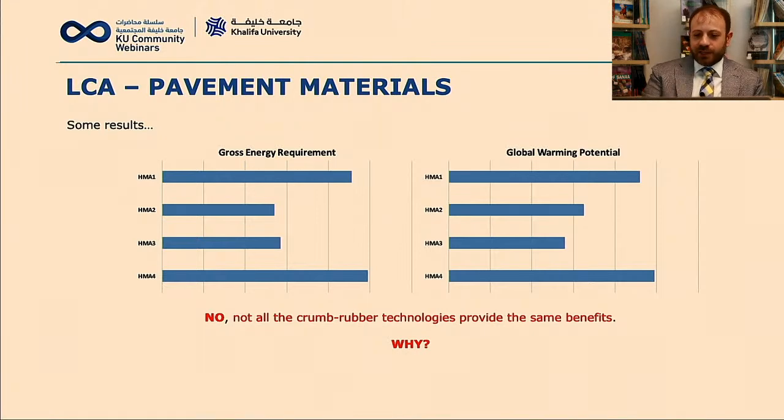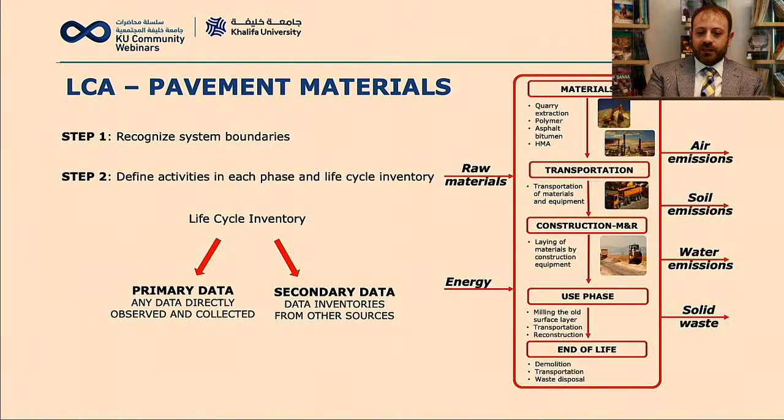To explain this, I have to go back to this slide and highlight the use phase. This is something that we are particularly interested in here at Khalifa University, because the use phase is extremely important when we do a life cycle assessment. If your material does not perform well, it needs to be replaced soon.